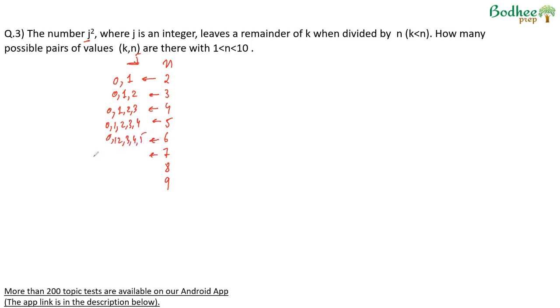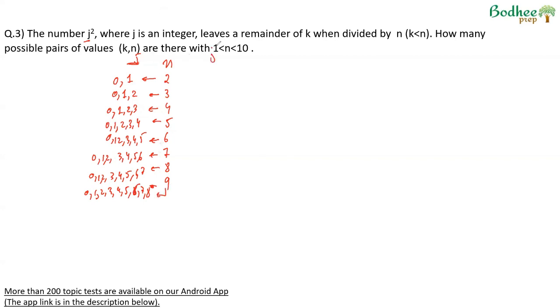With 7, they could be 0 through 6. With 8, 0 through 7. Basically, I'm making all cases and I'm going to directly check. With 9, the remainders could be 0, 1, 2, 3, 4, 5, 6, 7, 8.